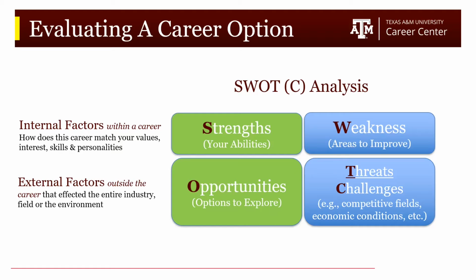External factors include opportunities and threats and involve circumstances beyond your control. For example, you may have experience with a particular software, which is an internal factor. The ability to take a course to learn the latest version of the software is an external factor.